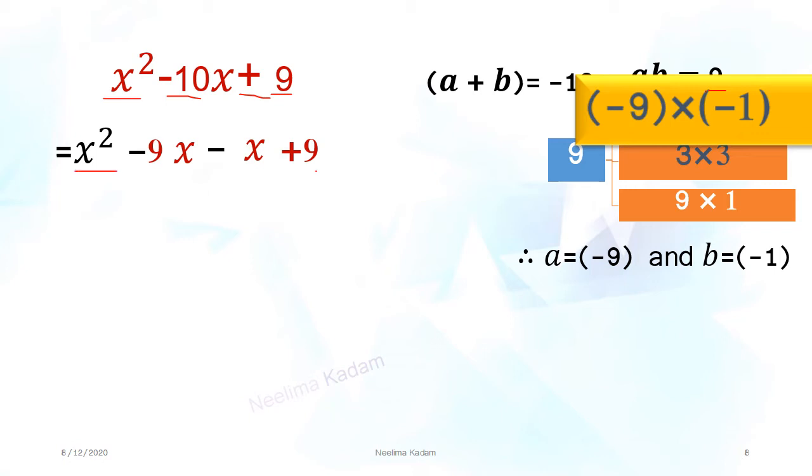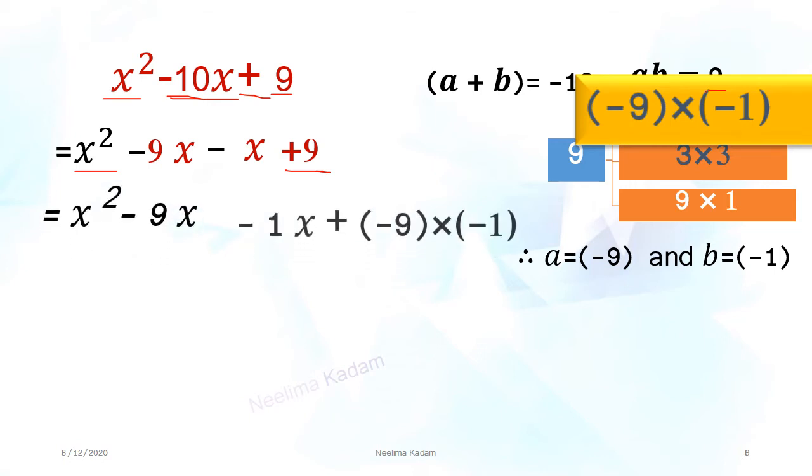See here, only the middle term we have split up into minus 9x and minus x. Okay, now take these first two terms, x square minus 9x, minus 1x plus minus 9 into minus 1.